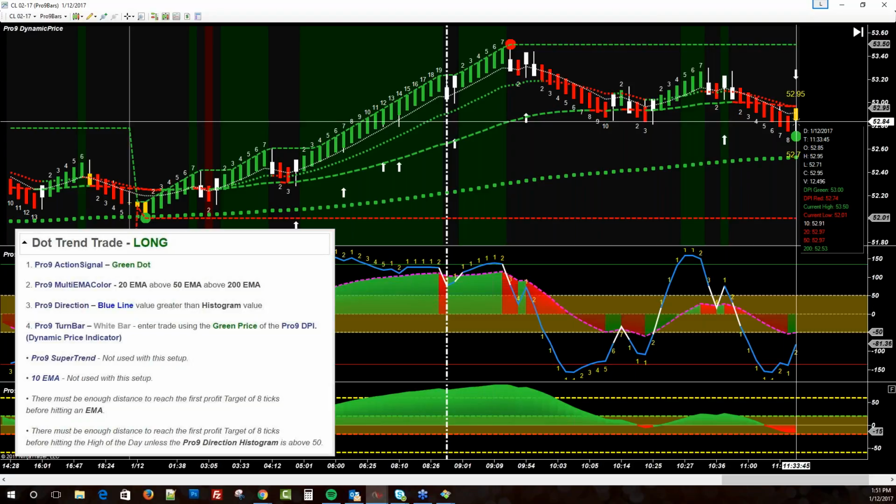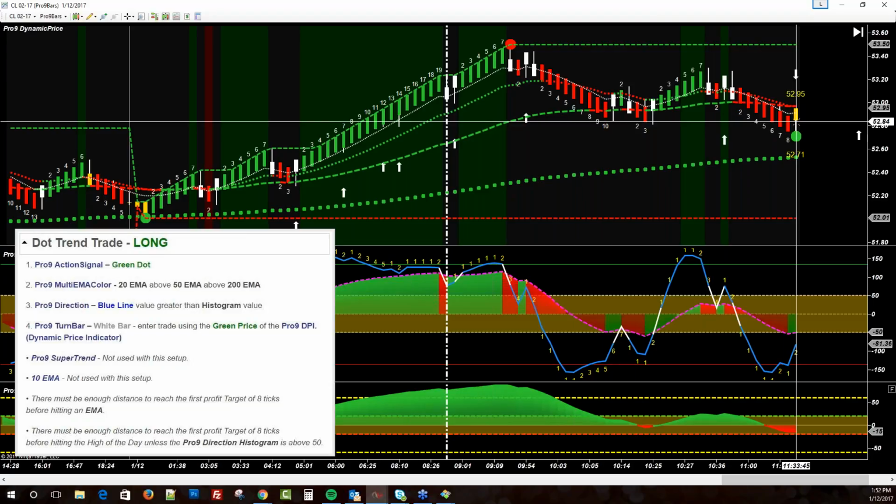So it's possible, but I would just like to show this as an example because the dot trend is probably the least common trade, appearing maybe 3 to 5 times a month in a given market. So it is a very strong setup, however. So whenever I do see one, I will hop on that opportunity.